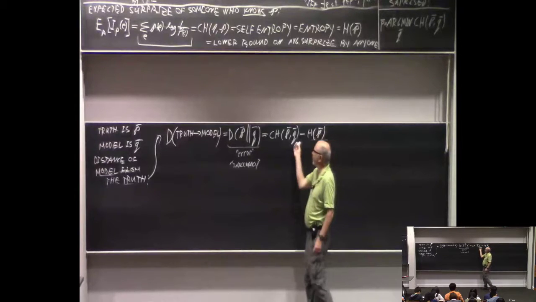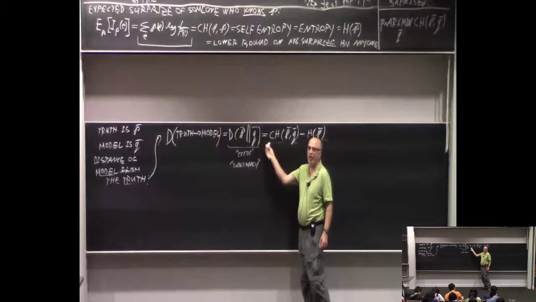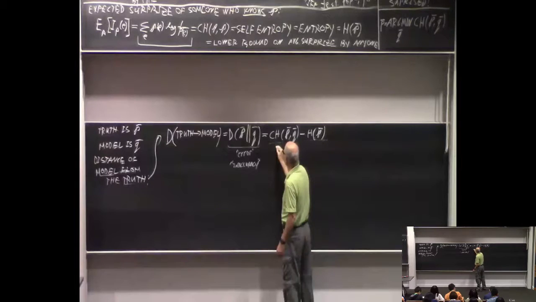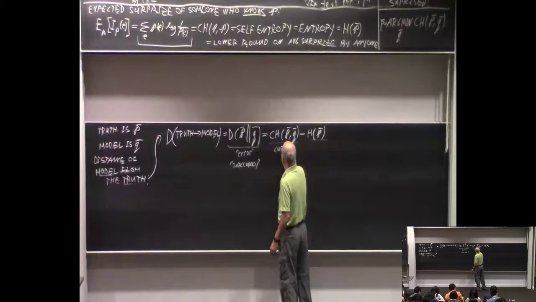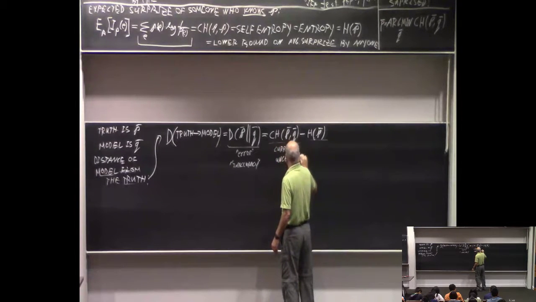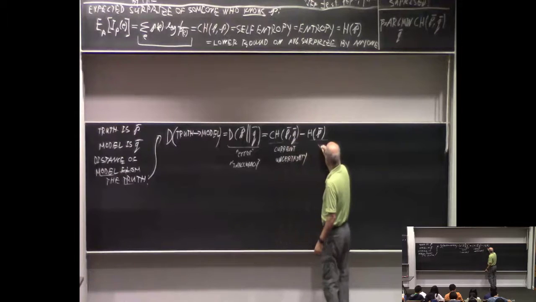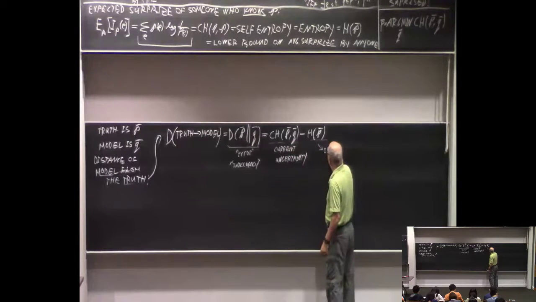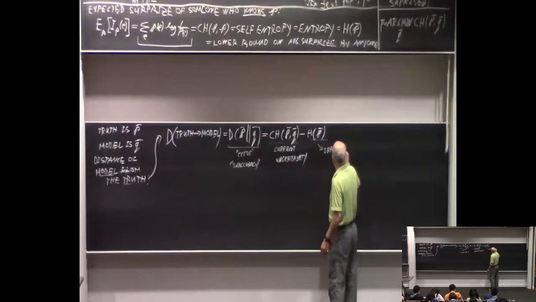So what we're saying here is that the cross entropy, your current uncertainty, and this is the irreducible uncertainty.